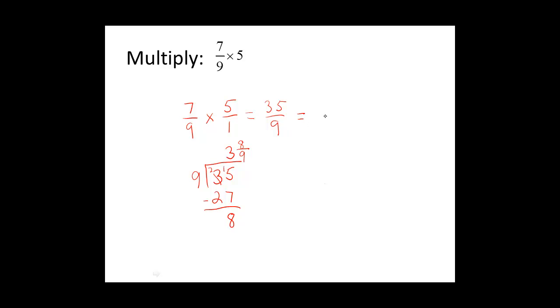So 35/9 can also be written as 3 and 8/9. Both of these answers are acceptable.